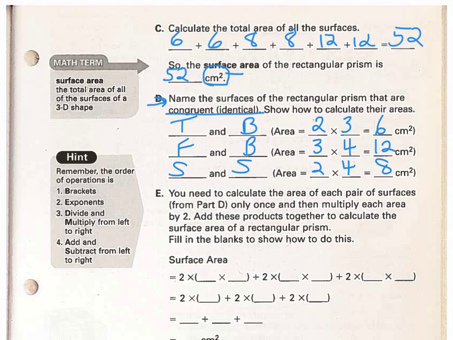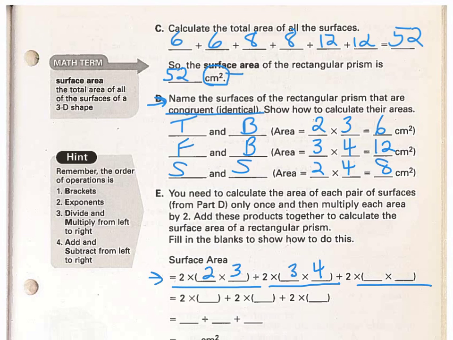To make this a little simpler, instead of adding all those numbers, we're going to multiply what's the same. So for the top and the bottom, it was 2 times 3. For the front and the back, it was 3 times 4.